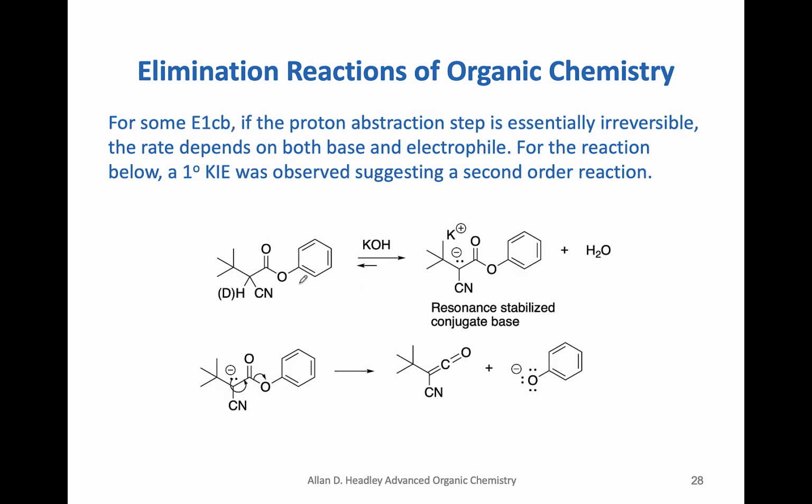So here's an example. Here, as you can imagine, is a carbon. Let's analyze this carefully here. Here is the leaving group right here on the adjacent carbon. So here is a carbon, and here is another carbon. This is our leaving group right here. Here is our hydrogen.